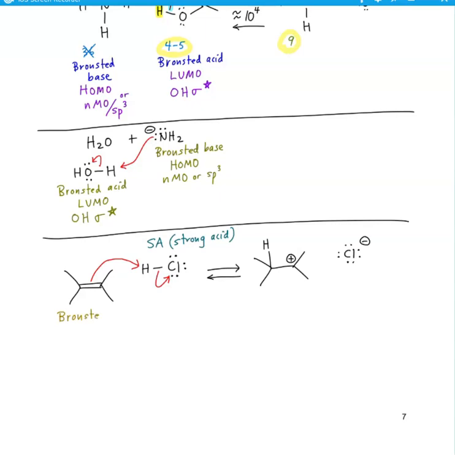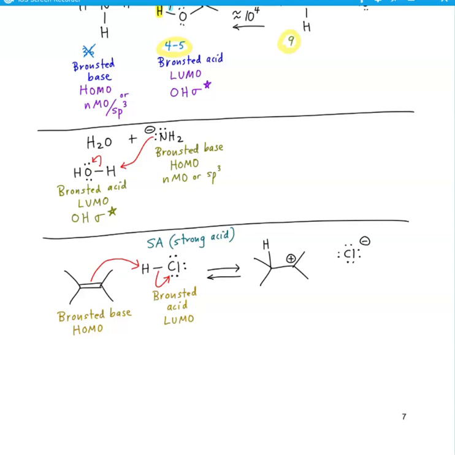So the alkene in this example is acting as a Bronsted base. Therefore, it's using its highest occupied molecular orbital. The HCl acts as a Bronsted acid, so it would use its LUMO in the reaction.